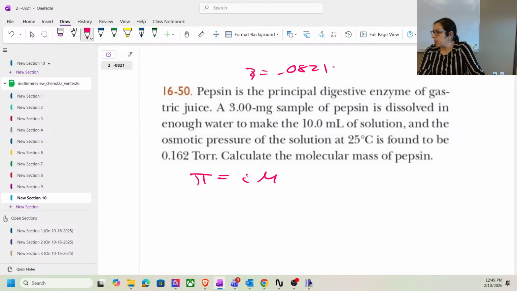So 0.0821 is generally what I abbreviate it, or 0.08206, I think is a bit less. And that's for Kelvin, atm, liters, moles. I'd have to double check, but yeah.